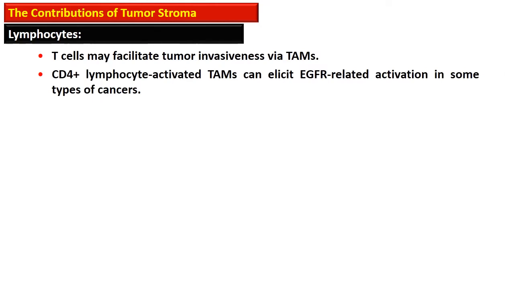The lymphocytes are also involved in this stroma cell interplay. The T cell may facilitate tumor invasiveness via tumor associated macrophages, and there is epidermal growth factor related activation in some types of cancer via the tumor associated macrophages, which have been activated by CD4 lymphocyte.